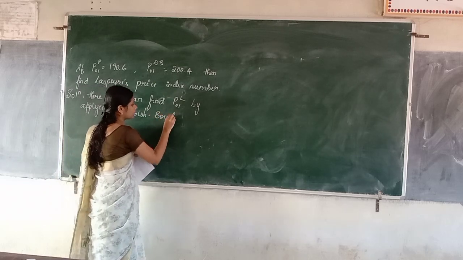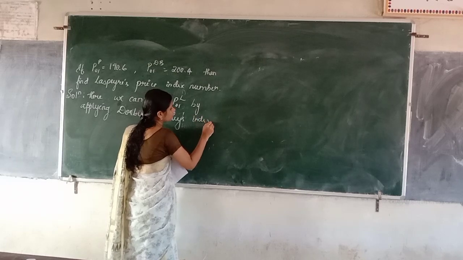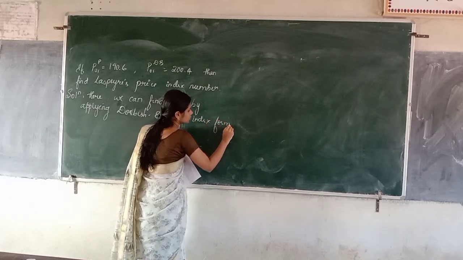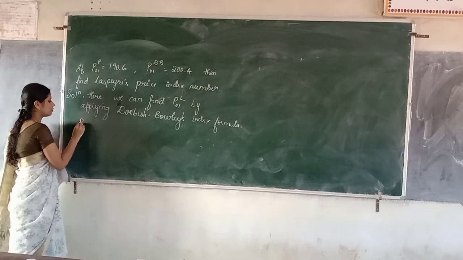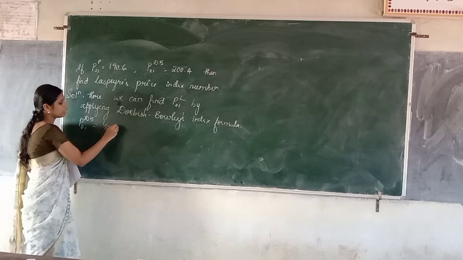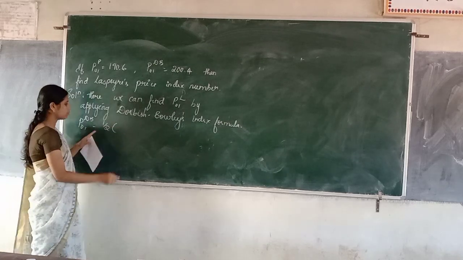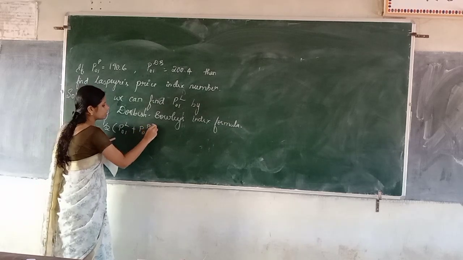The formula of Darvish-Wallace price index number is: Darvish-Wallace price index number is equal to the arithmetic mean of last year's and past year's price index number. That is, half of last year's price index number plus past year's price index.